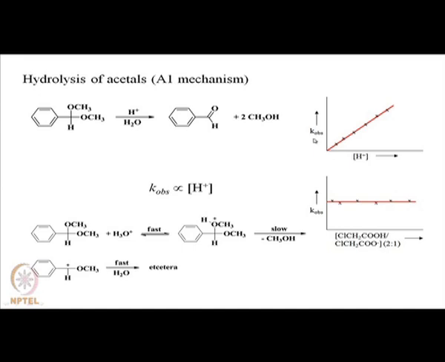You can also plot log K observed as a function of pH. So, it is increasing. Exactly how much it is increasing, what is the exact slope, we are not looking into it. You see that K observed is proportional to H plus concentration.